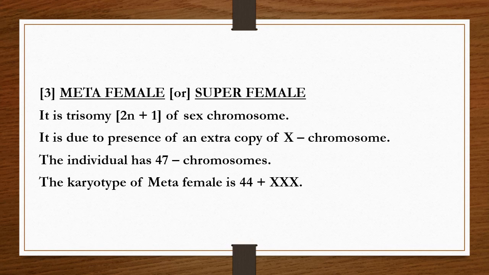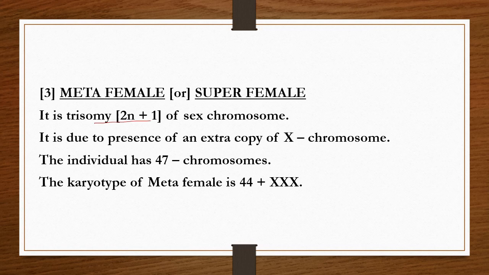There are another two syndromes we can observe under this aneuploidy of sex chromosomes. Let's see briefly about it. In that, metafemale or super females. It is also a trisomy, that means due to addition of extra X chromosomes.